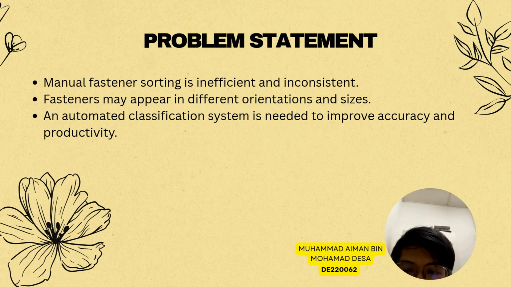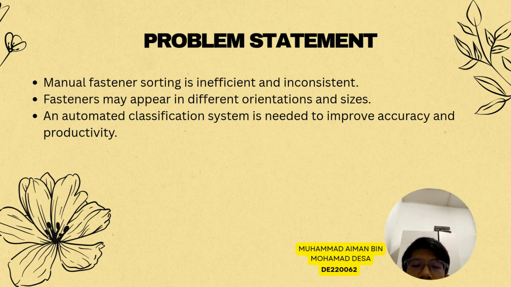Now the problem statement. The problem addressed in this project is the inefficiency of manual fastener sorting in industrial environments. Manual inspection can be slow and prone to human error, especially when fasteners appear in different orientations and sizes.